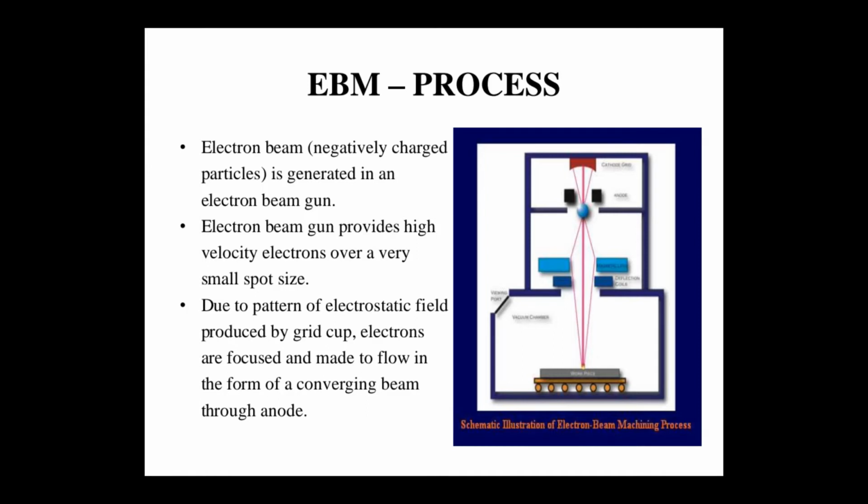The electron beam, which is a negatively charged particle stream, is generated in an electron beam gun. The electron beam gun provides high velocity electrons over a very small spot size due to the pattern of the electrostatic field produced by the grid cup. Electrons are focused and made to flow in the form of a converging beam through an anode.